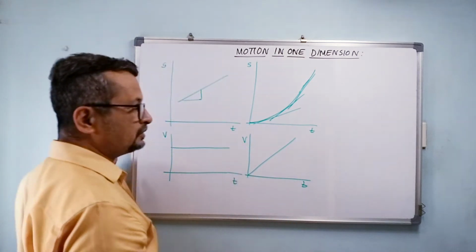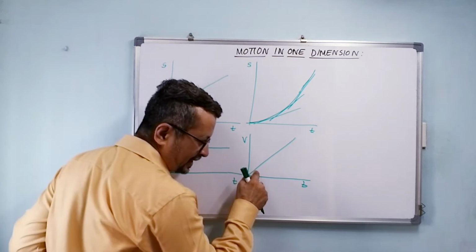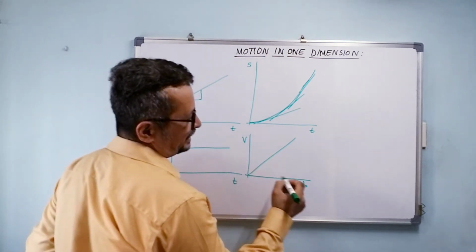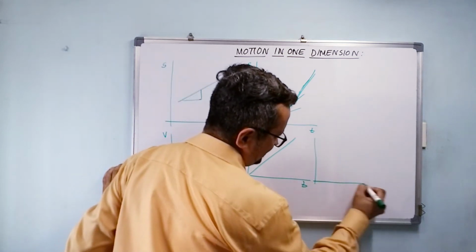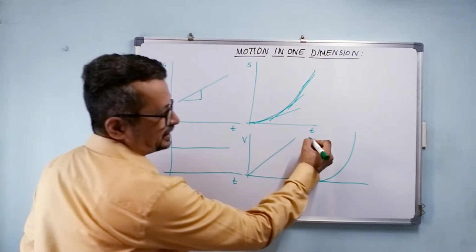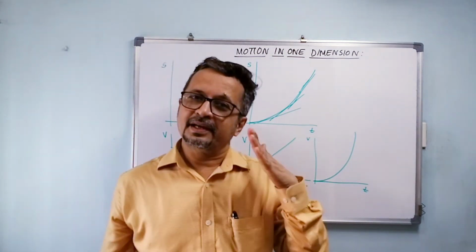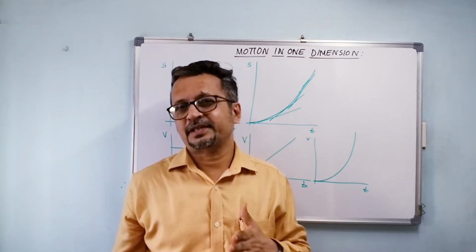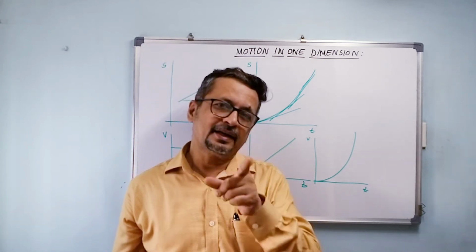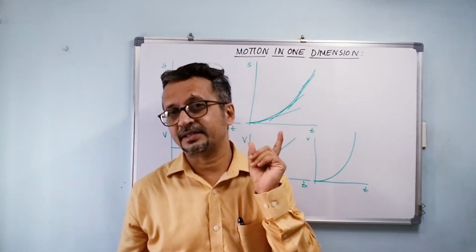Now suppose instead of my velocity time graph being like this, my graph is like this, then what would you say about that velocity time graph? The gradient of the velocity time graph at different points is going on increasing as time is increasing, right?